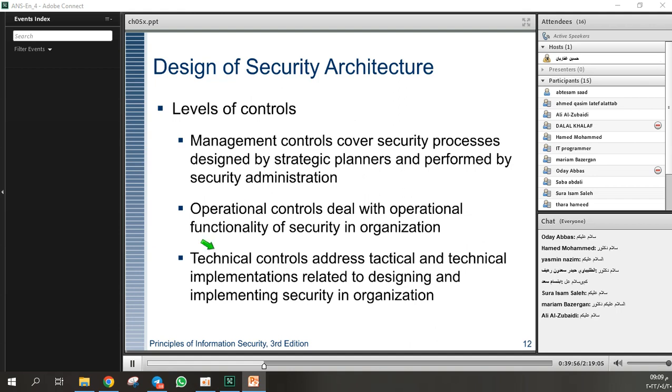I need technical controls to address tactical and technical implementation. I'm using some technologies. Okay, I need some technical controls. So when I'm talking about security architecture, I need some management controls, some operational controls, some technical controls.